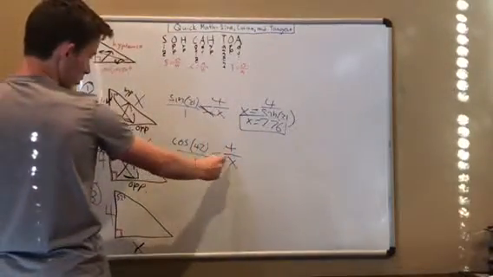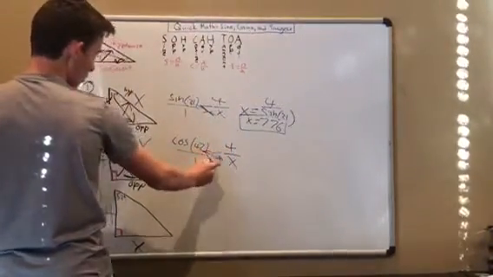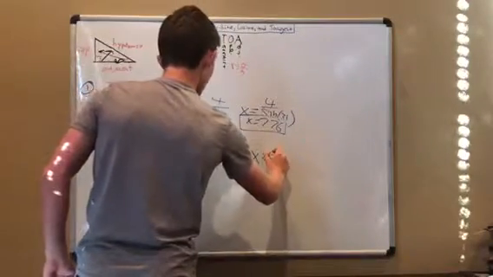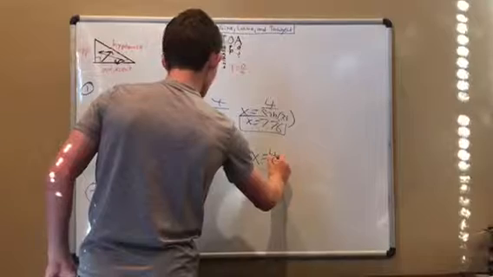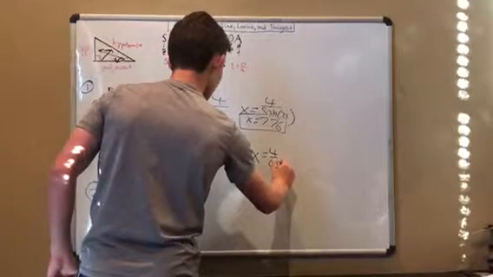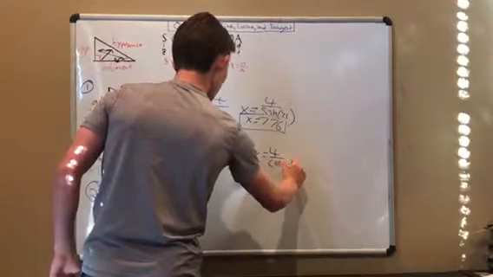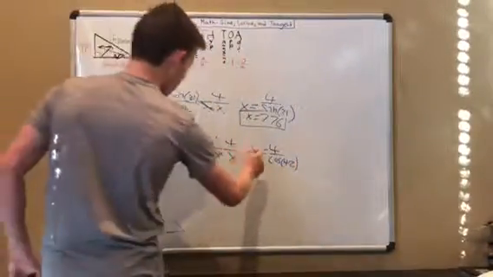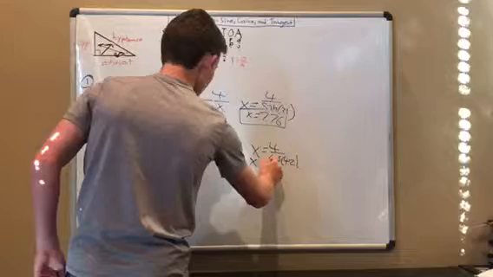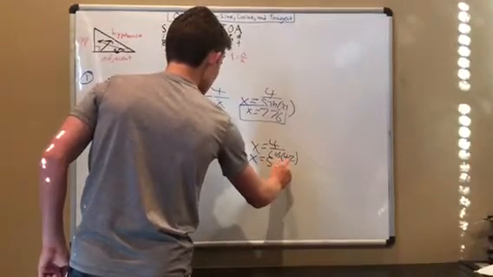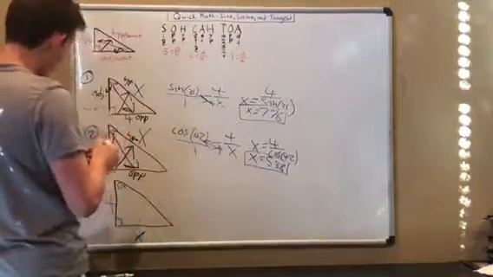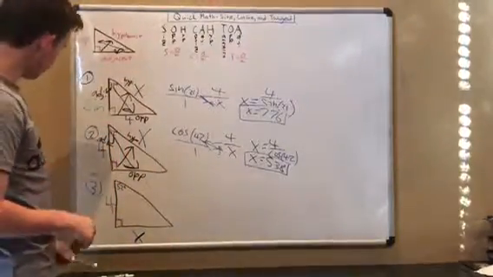You switch these two, and then you get x equals 4 over the cosine of 42. And that would come out to 5.38. So there's the second problem. On to the third problem.